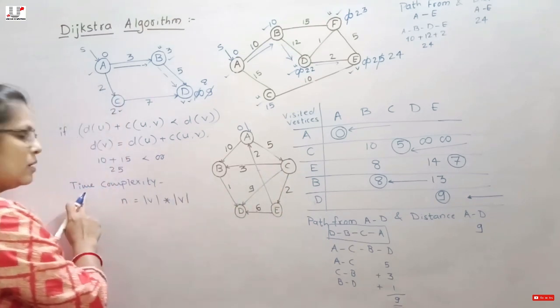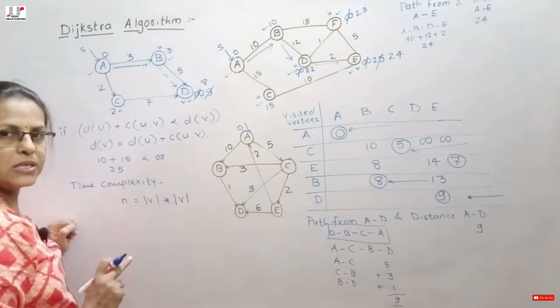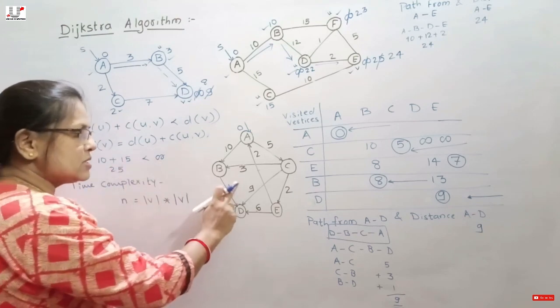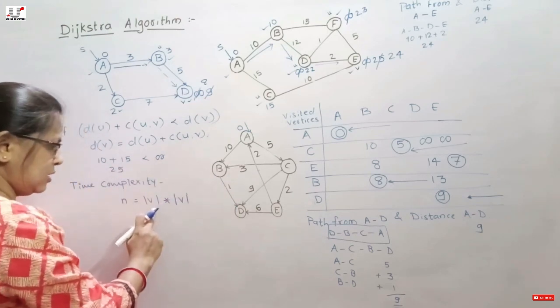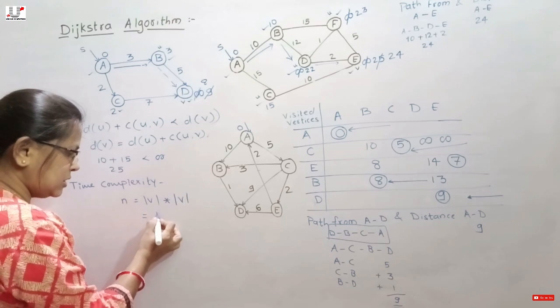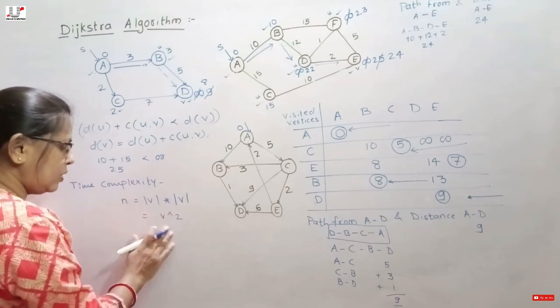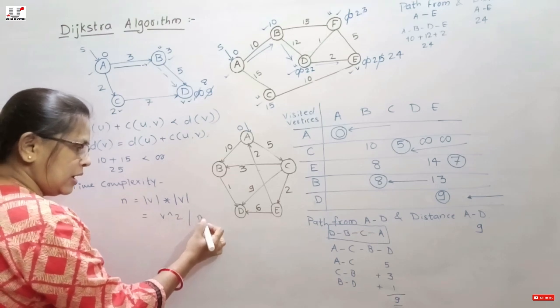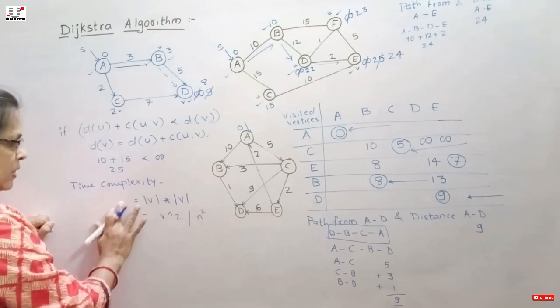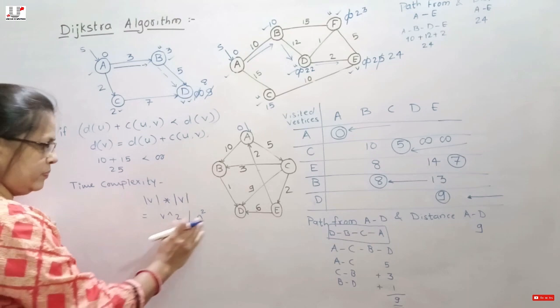So the worst case time complexity for this Dijkstra algorithm is V into V, that means V square or N square.